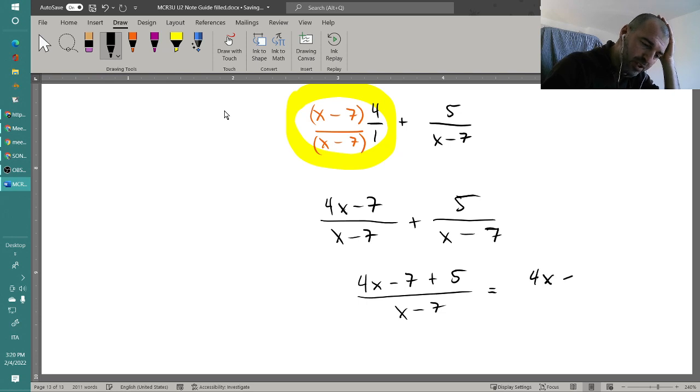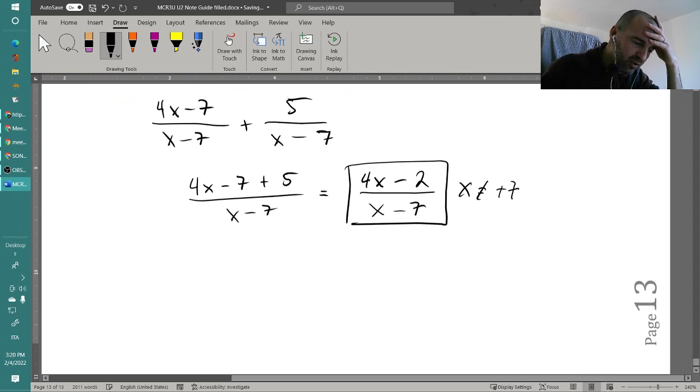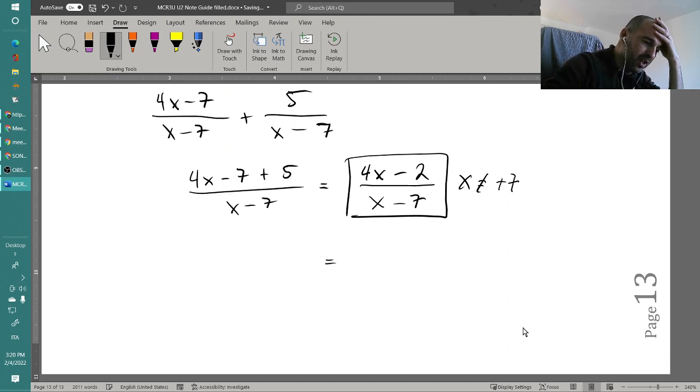It's 4x minus 2 over x minus 7. This is good. The restrictions are x cannot equal positive 7. You might say, well, do I need to factor the numerator? You can, and if you do, you would get the following: 2 times 2x minus 1.